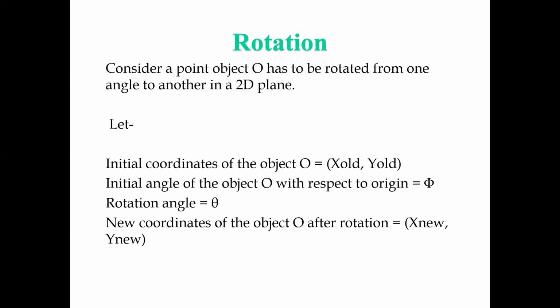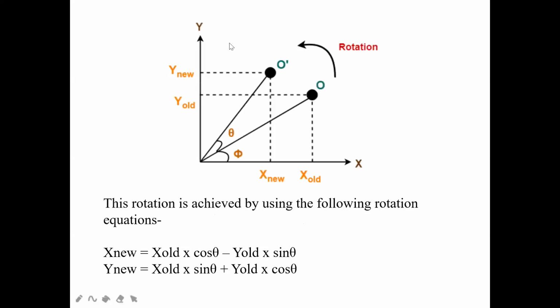Moving on to the next slide. Here you can see I have this x axis and this y axis. My object is placed over here. On the x axis the value is x old, and on the y axis the value is y old.